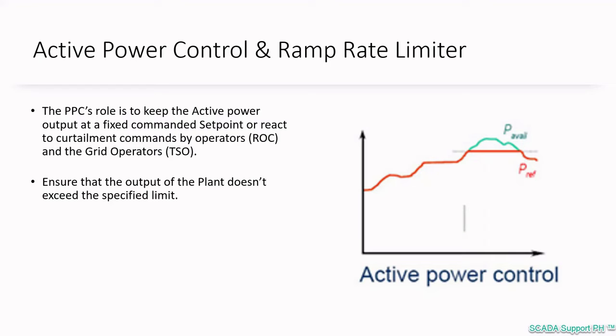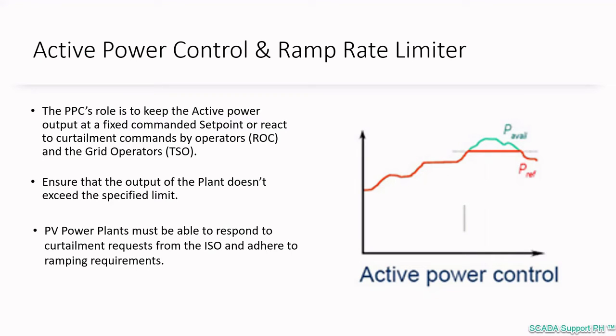For example, you have a solar PV power plant rated at 100 megawatts, but it needs to be temporarily scaled down in production to a new set point of 30 megawatts. The plant must be able to respond to the curtailment request from the ISO and adhere to ramping requirements. The new set point is entered via the SCADA system, prompting the PPC to interact with the field inverters to ramp down production and hit that new set point.